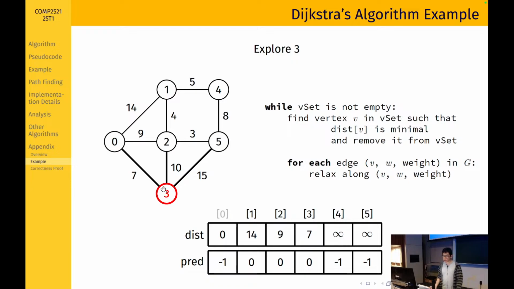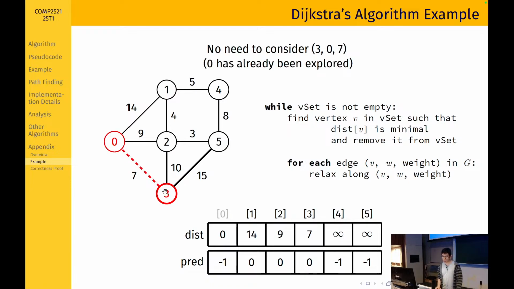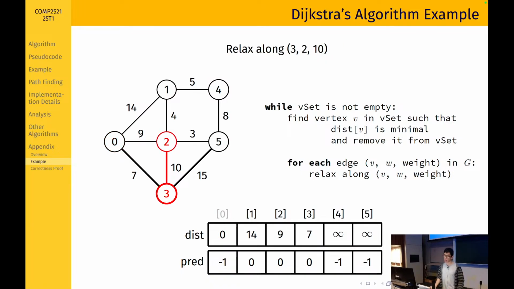The first one is 3 to 0, and we actually don't need to relax along this edge, because we've already removed 0 from the vset. Once we remove a vertex from the vset, we're guaranteed that we already have the shortest path to that vertex, so we don't need to consider it again. So we can ignore this edge and move on to 3, 2.